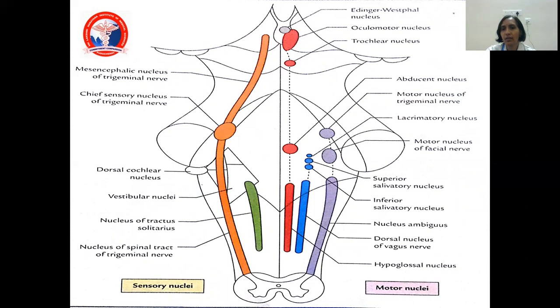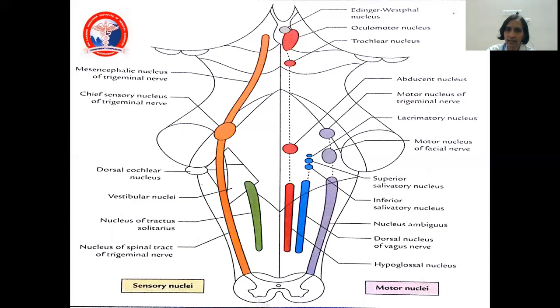More laterally on motor side, we have the motor nucleus of trigeminal, motor nucleus of facial, and the nucleus ambiguus. On the sensory side, we have the nucleus of tractus solitarius and the mesencephalic, chief sensory, and the spinal nucleus of trigeminal.